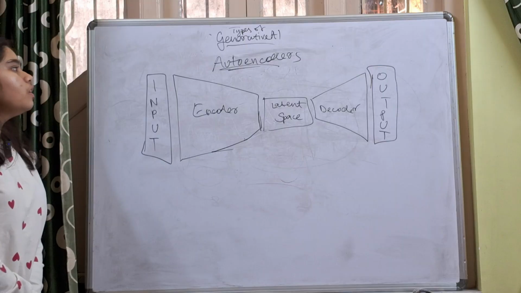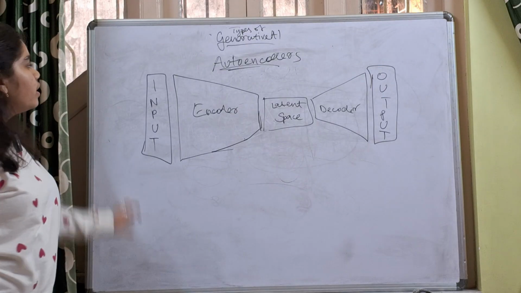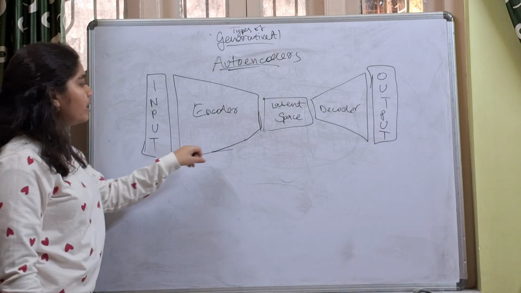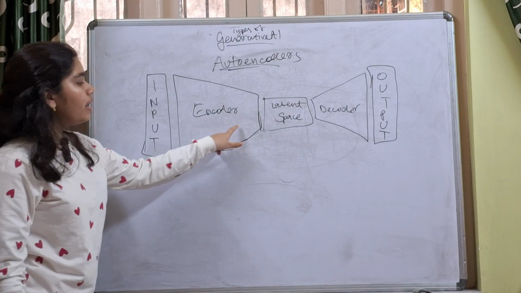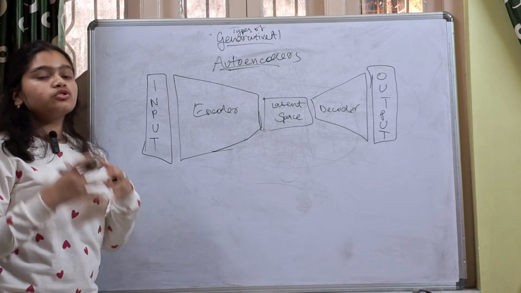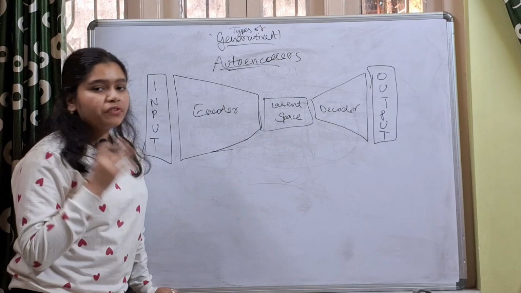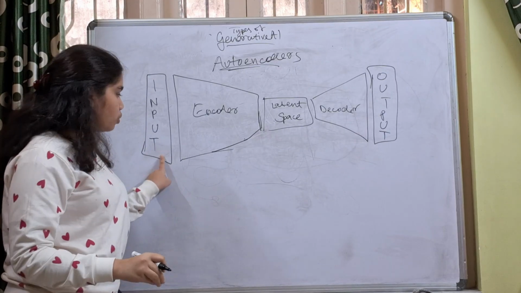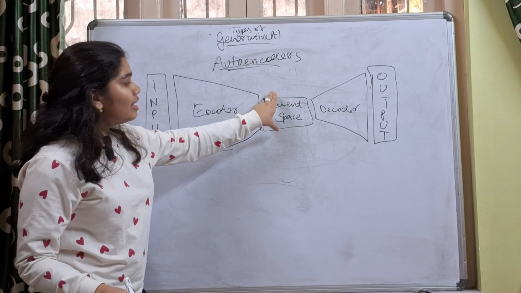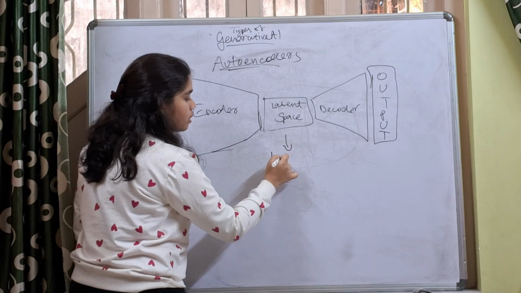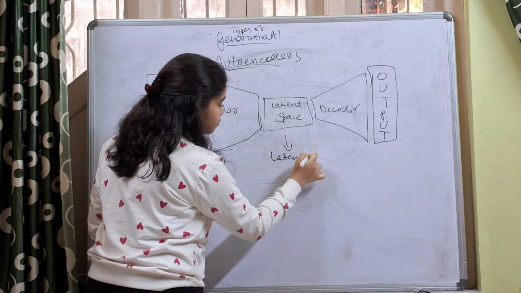So this is what an autoencoder looks like. There is the input layer where some input is passed, and then there is the encoder part, which encodes, meaning it extracts and stores only the essential, important features of the input, and keeps them in the latent space, in the form of latent vectors.